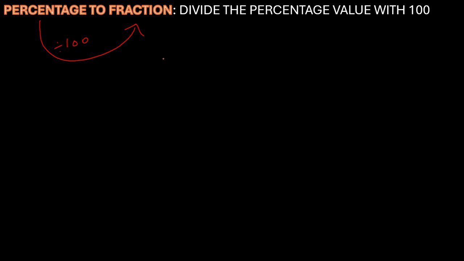Let me give an example. To convert 25% into a fraction value, I'll remove the percentage symbol and then divide the numerical value 25 by 100. And to bring it into the simplest form, I'll do cancellations. 25 ones are 25, 25 fours are 100. So 1 by 4. 25% is equal to 1 by 4.